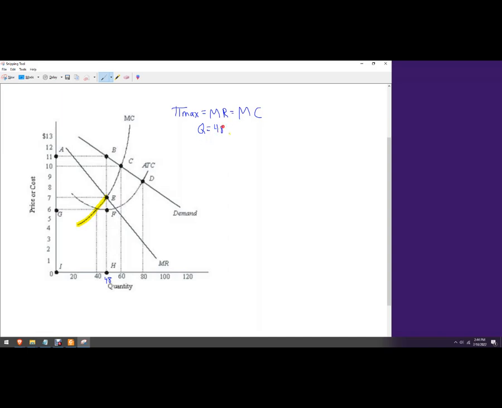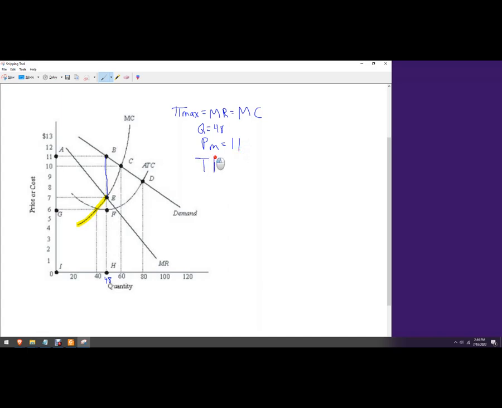However, this firm has some kind of pricing power. They can charge a higher price and sell 48 units. So we're going to follow that up to here, up to point B. The profit maximizing price, we'll call that PM for price of monopoly, is going to be 11.